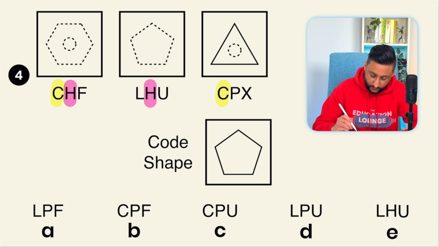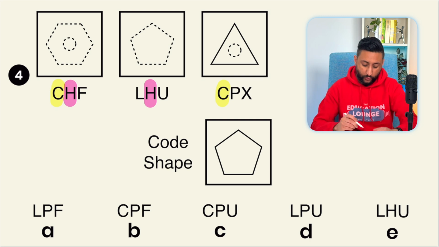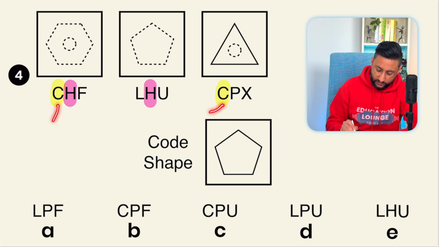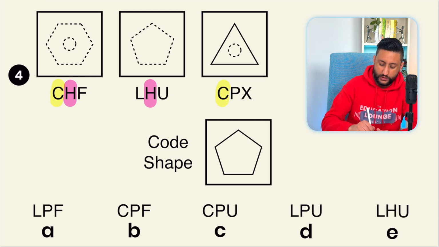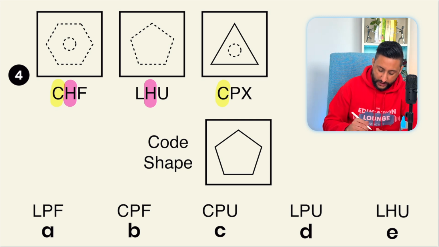Okay, so let's start with C. What is the same about this and this that is different in this? Well, clearly there's a shape in the middle. So C must stand for dotted small circle in the middle, and L must stand for nothing. Now, if you really need to, you can write these things out.